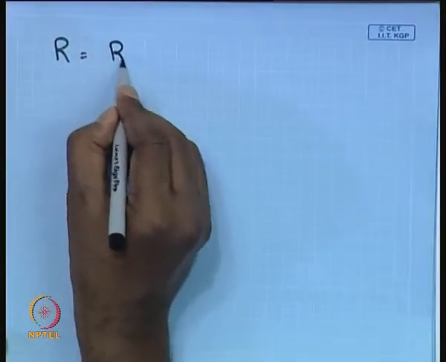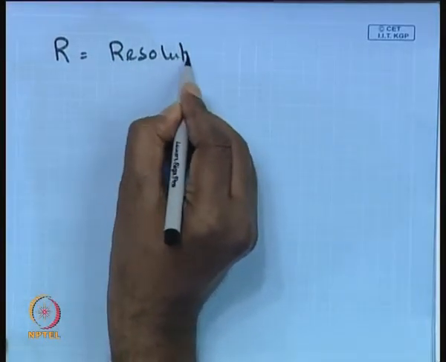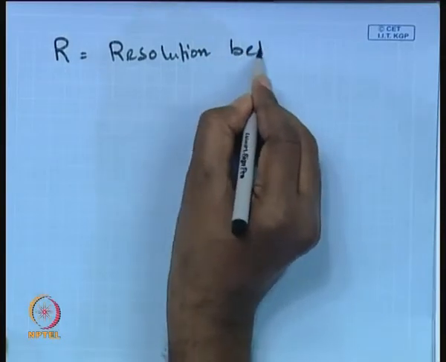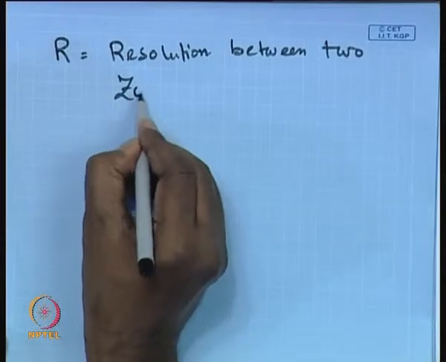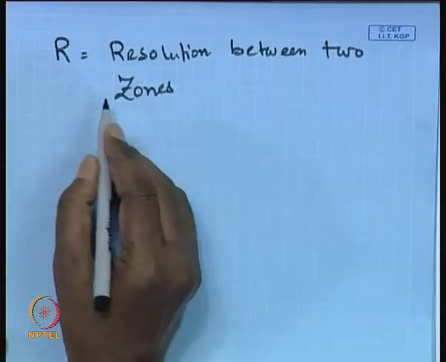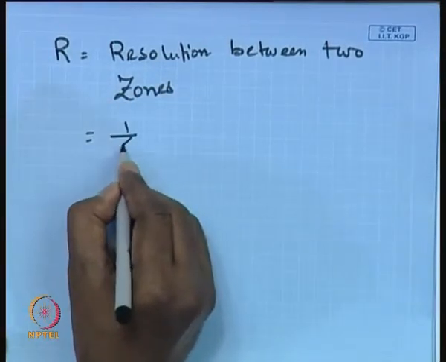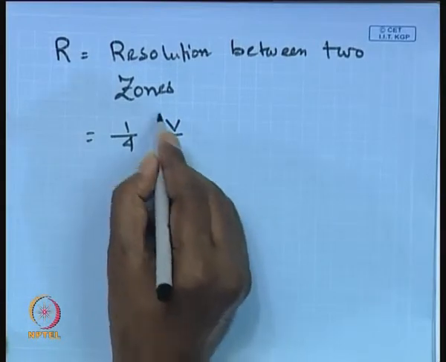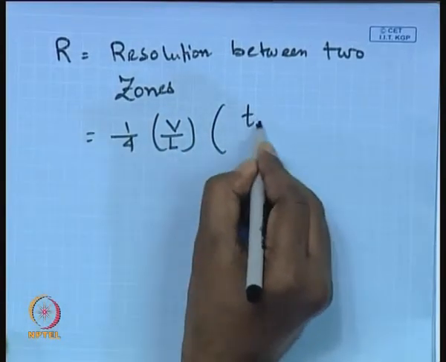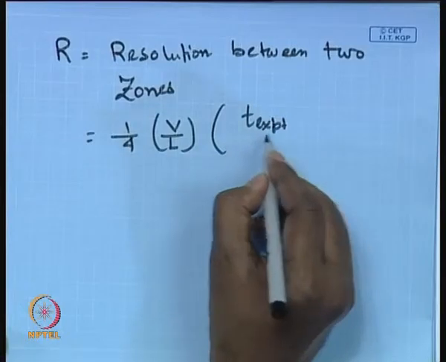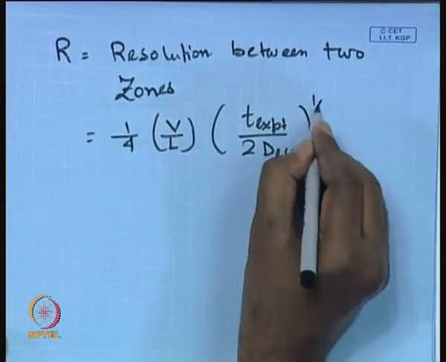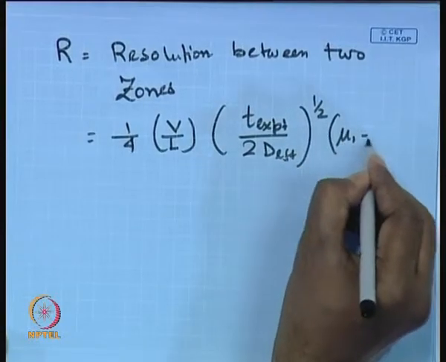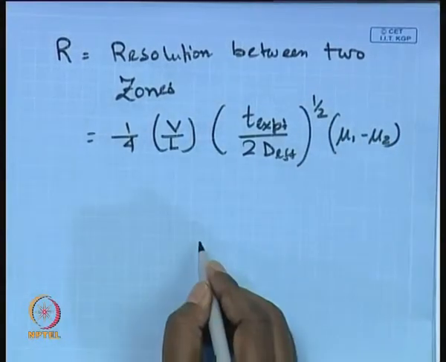So, the resolution R between the 2 zones can be defined as 1 by 4 times V by L times t experimental divided by 2 D effective raised to the power half, times mu 1 minus mu 2.